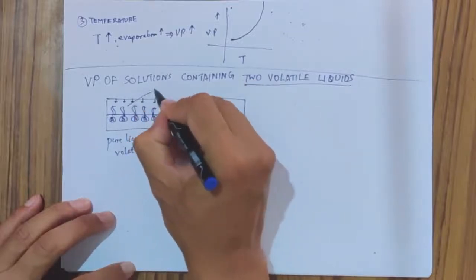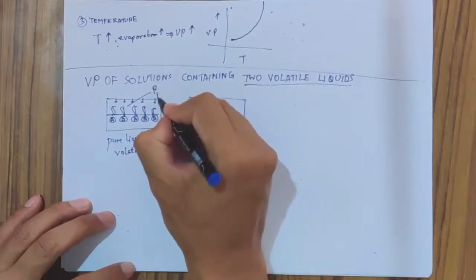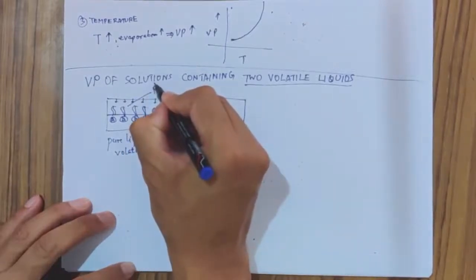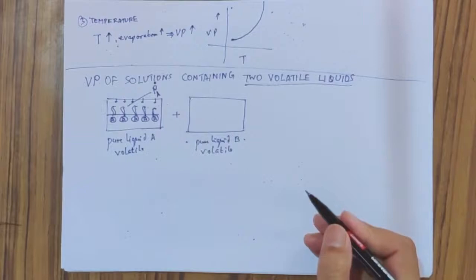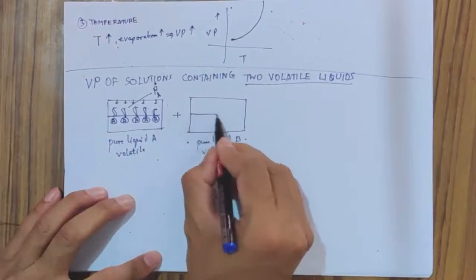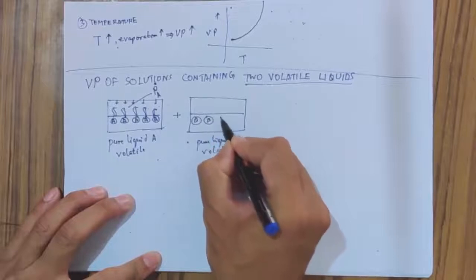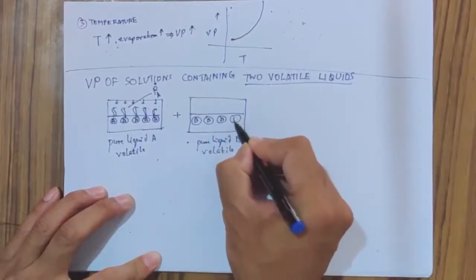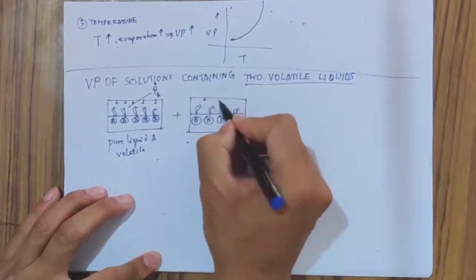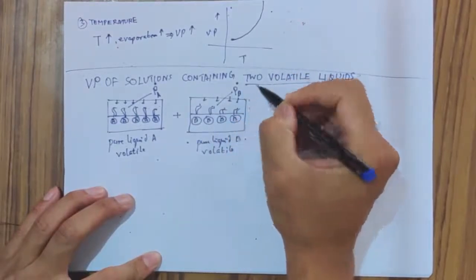That is our vapor pressure of A, P subscript A. P not A is the vapor pressure of pure liquid A. Similarly, say this is pure B. Molecules evaporate and exert pressure, so the vapor pressure is P not B, the vapor pressure of pure liquid B.